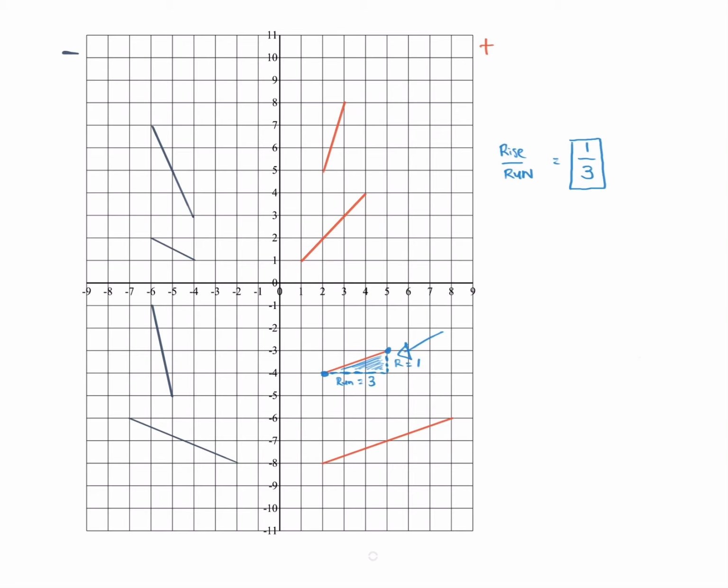So let's go over to the left hand side, and I'll just change the color of the pen again. These ones on the left are all negative, so they're all going to be negative slopes. Let's have a look at the bottom one. I draw a dot at the end of the line, and I draw a dot here.